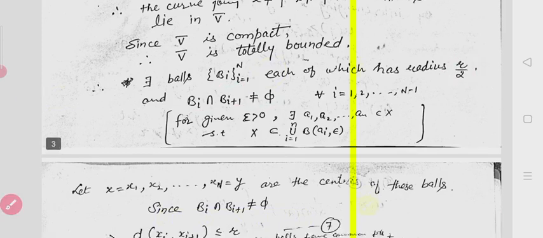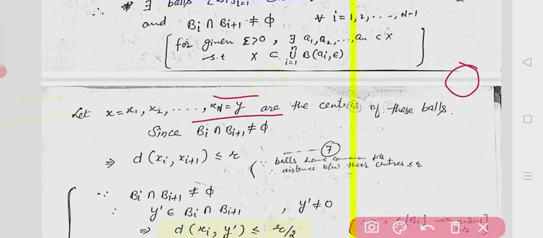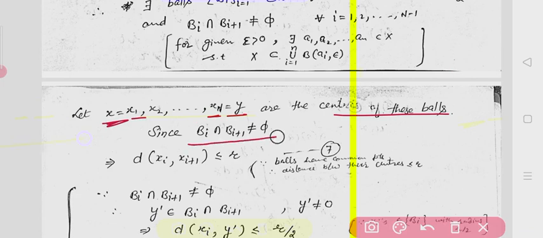So now we are supposing that we are considering these points x1, x2, x3, xn are the centers of these balls. इन बॉल्स के हम सेंटर सपोज कर रहे हैं जो एन बॉल्स लिए. जो x1 है उसको मैं x कॉल कर रहा हूँ, जो xn है x कैपिटल n इसको मैं y कॉल कर रहा हूँ. सो बॉल्स हमारी क्या है? डिसजॉइंट. इफ द बॉल्स आर द डिसजॉइंट, देन द डिस्टेंस बिटवीन the centers of these balls that will be less than equal to r.